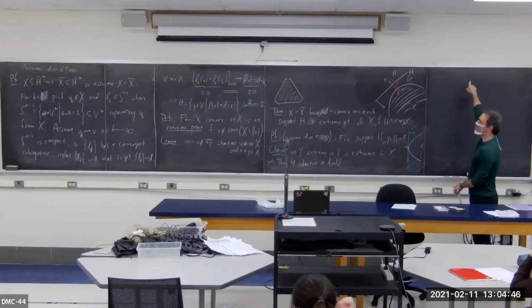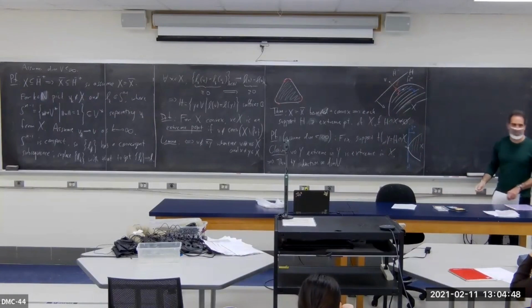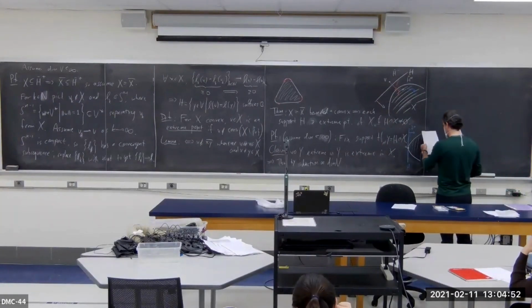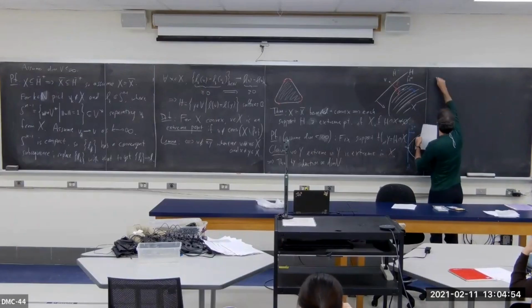I may change just the definition of support hyperplane to force it to intersect the closure. That might be what I do in the future. I'll have to pick. So the proof of the claim.